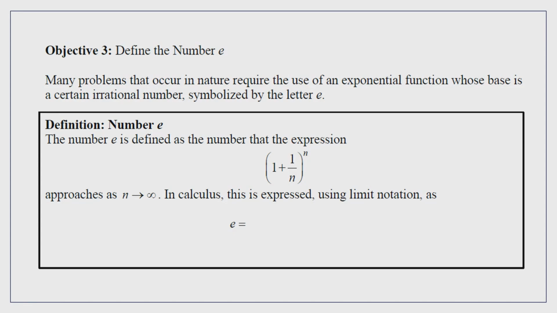Objective 3, define the number e. So many problems that occur in nature require the use of an exponential function whose base is a certain irrational number symbolized by the letter e. The number e is defined as the number that the expression 1 plus 1 over n to the power n approaches as n approaches infinity.